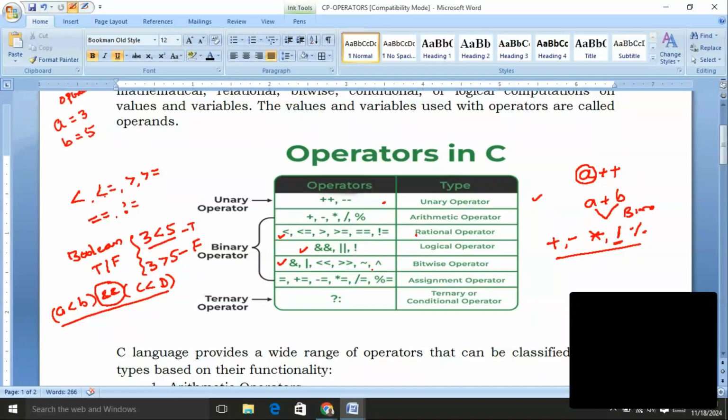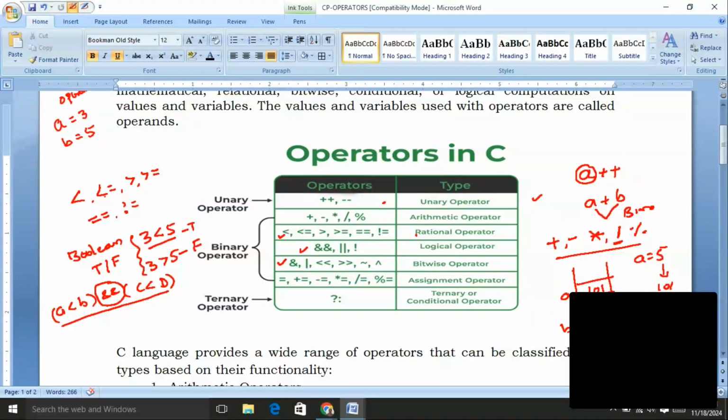The bitwise operators work bit by bit, not as a group. We know that data is stored in the memory location in binary. Suppose I consider a equal to 5, the value of 5 in binary is 101. So here 101 is stored. Suppose I write b equal to 6, that is 110.